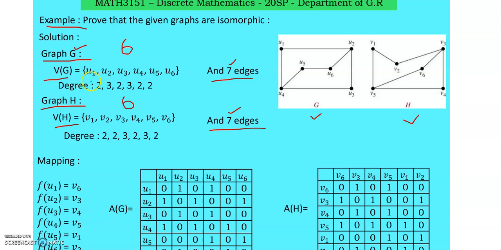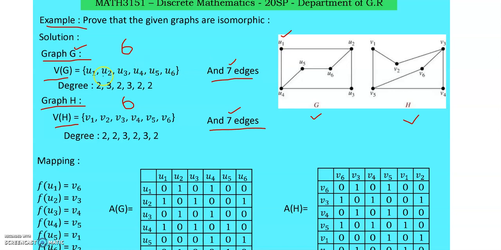Now you see here, in the graph G, take the vertex U1. For U1, what is the degree? You see here 2 edges are incident with the vertex U1. This is 1 edge, this is 1 edge. So what is the degree of U1? It is 2.